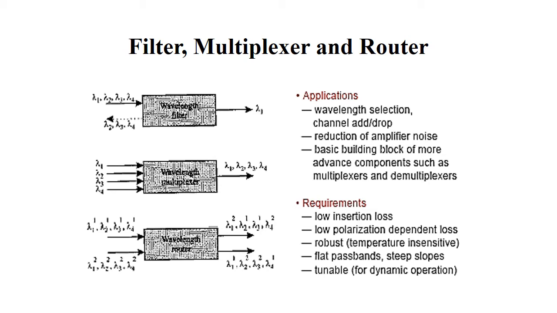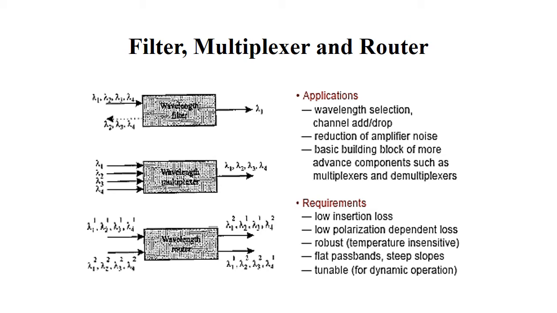The next one is the optical filter, which selects any one of the wavelength components from the multiple wavelength components present at the input port, and delivers a single selected component to an output port. And the last one is the optical router, which diverts the selected wavelength present in the input port to the output port.